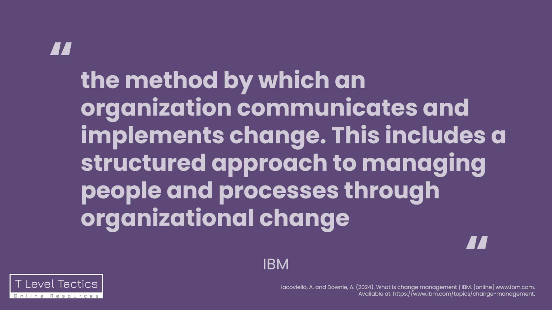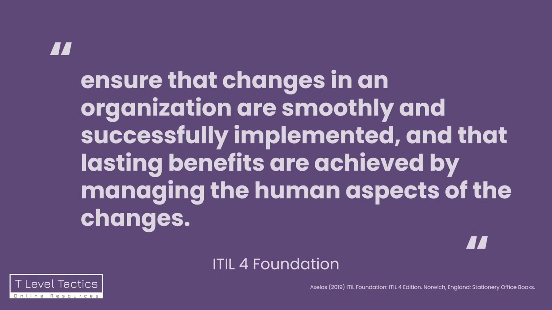Okay, good start. Let's take a look at the ITIL definition, and you should be more familiar with ITIL now as we've looked at it a couple of times in previous videos. If we look at the ITIL 4 Foundation book, in there it says that change management ensures that changes in an organization are smoothly and successfully implemented, and that lasting benefits are achieved by managing the human aspects of the changes.